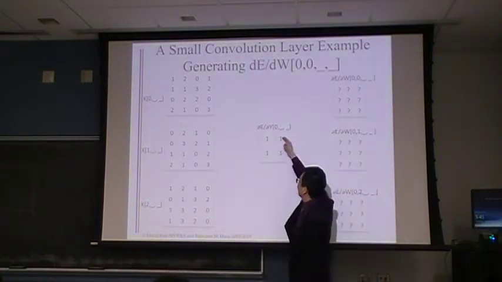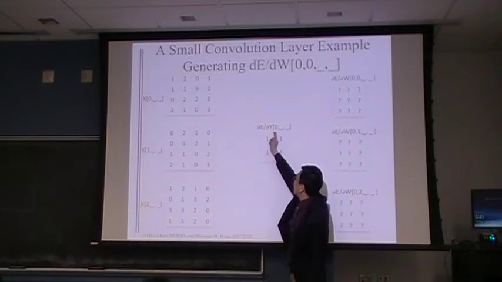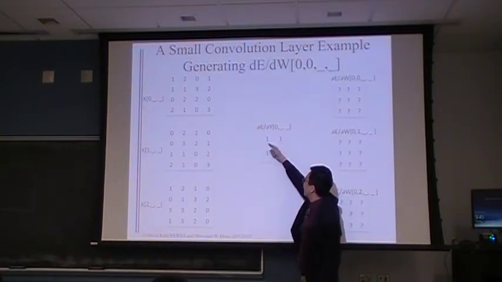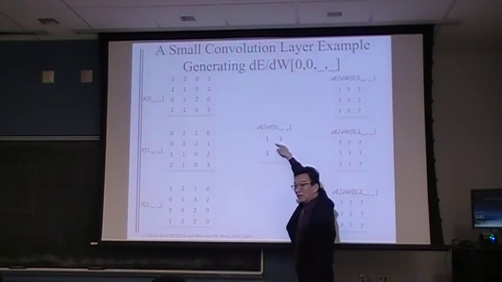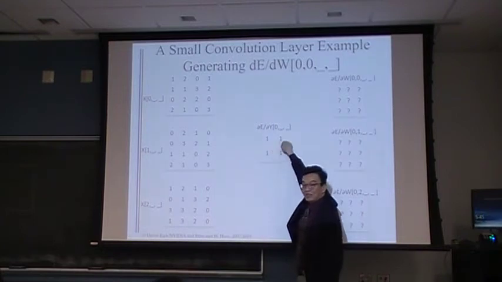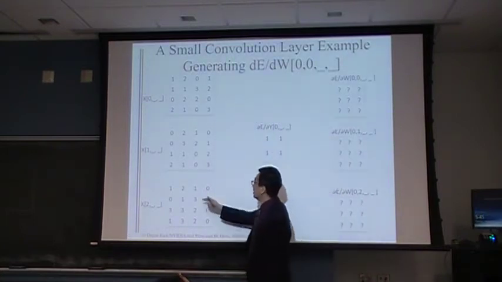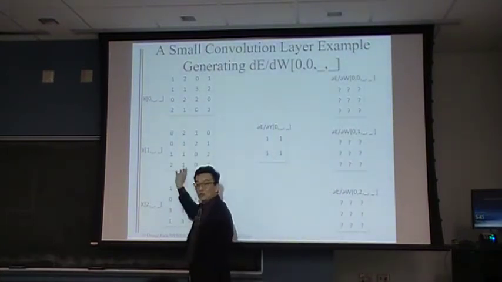So now let's look at a simple example here. This is the output feature map, what we call the output feature map gradient value, right? So delta E, delta Y for all the Y elements. And these are the original inputs to the layer, right?